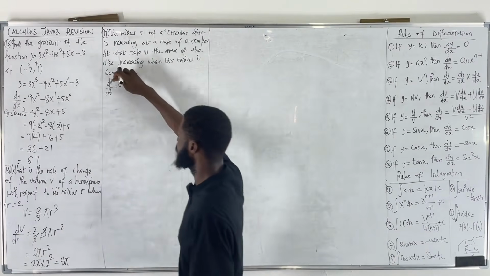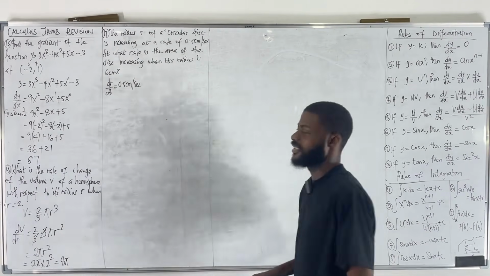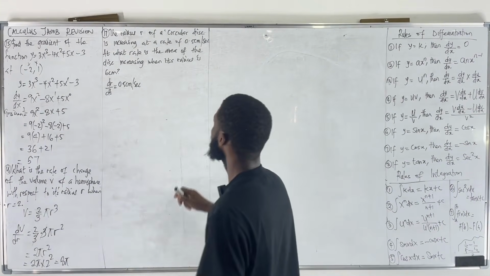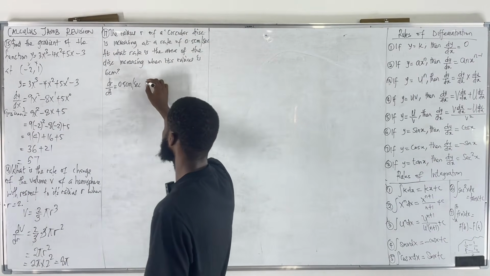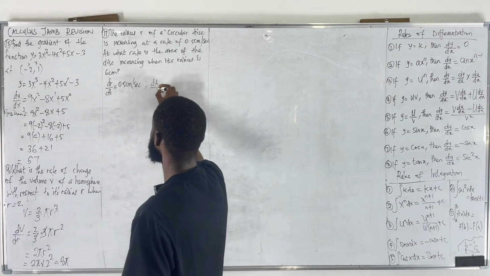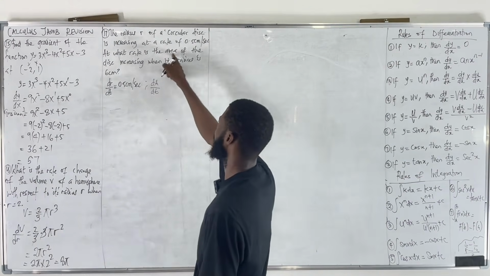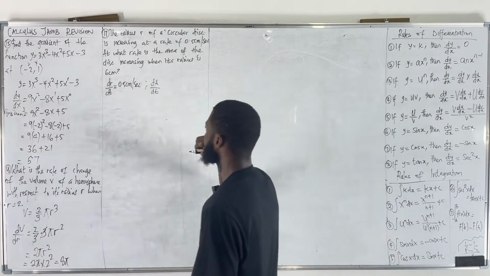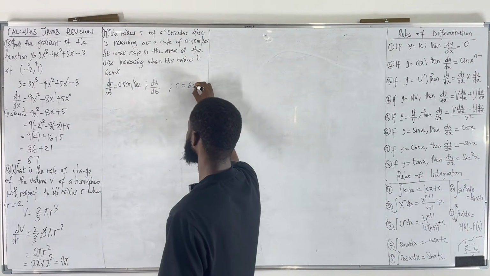As a math student, the units might not really matter in this case, since you are just writing JAMB. And the question is, at what rate is the area increasing? So we're asked to find dA/dt, when the radius is 6 cm.